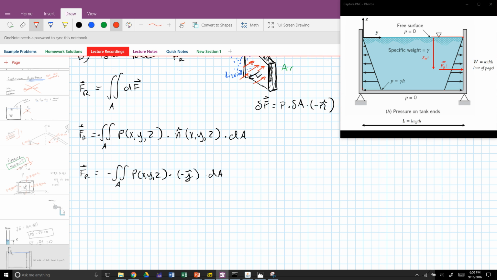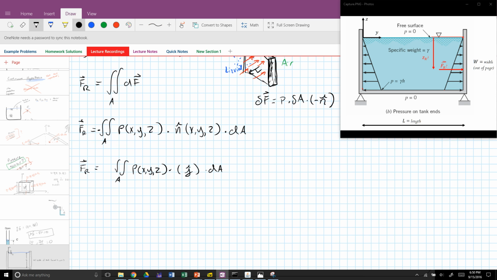These two negative signs, of course, canceling each other out, giving us a force that is in the positive direction. That is exactly what we expect if we're looking at the wall on the right-hand side.